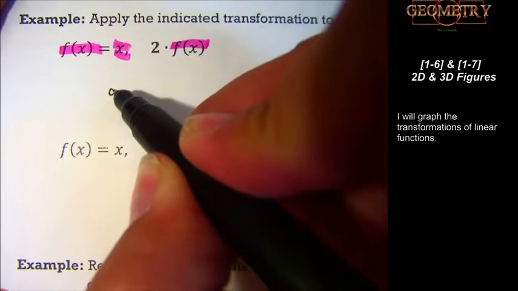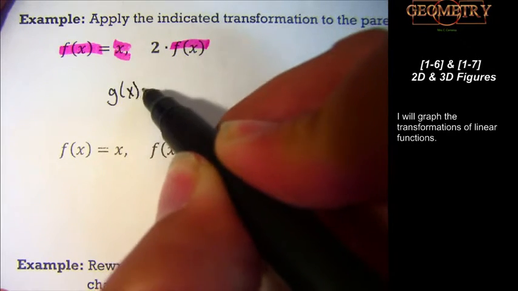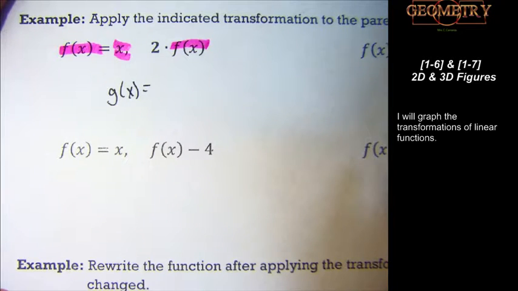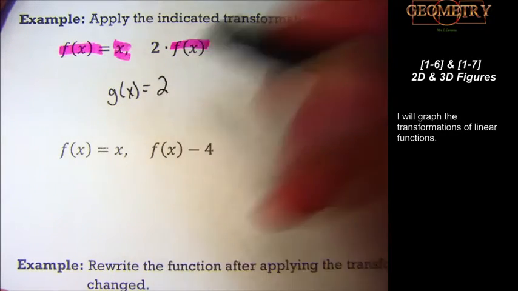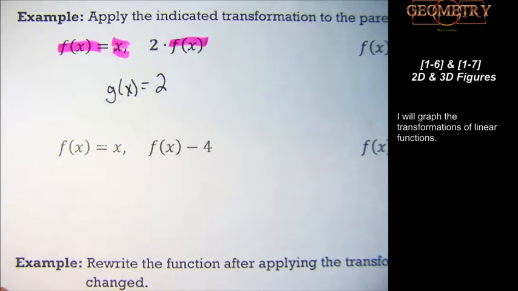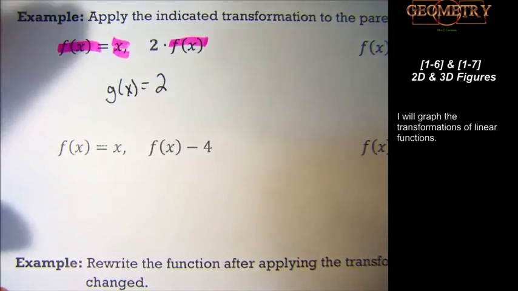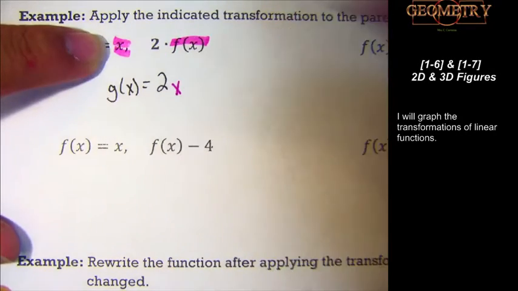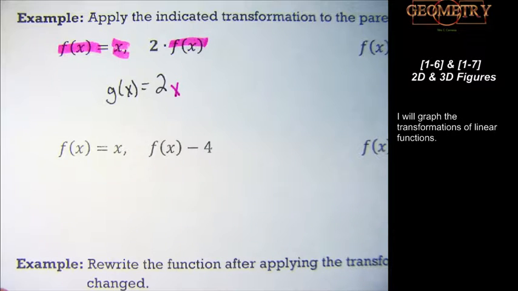And so my transformed function, which I'm going to name g of x, is 2 times whatever f of x was. F of x is x, and I'm done. It's really easy to overthink and make it more complicated than it is. Please don't. Let it be this simple.